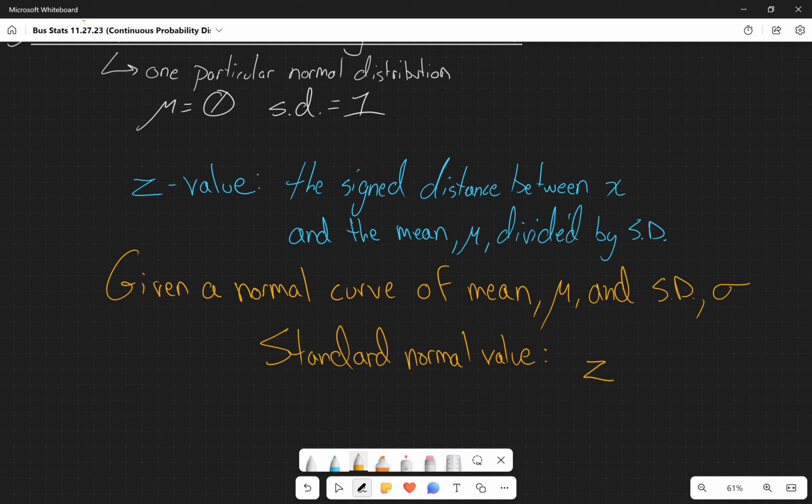So we do z equal to x minus mu divided by sigma. And the results, these z-values, you'll also hear these called z-scores sometimes. So this is a way to standardize the different particular normal distributions into this one standard normal distribution. And that way we can calculate the probabilities in a much faster, cleaner way by using our z-tables.